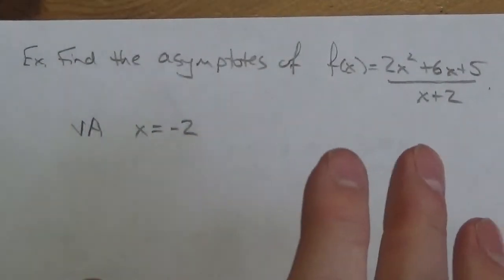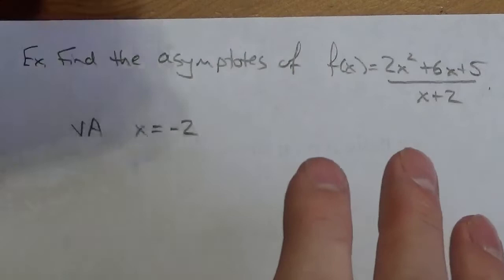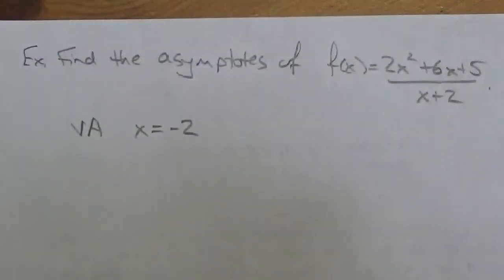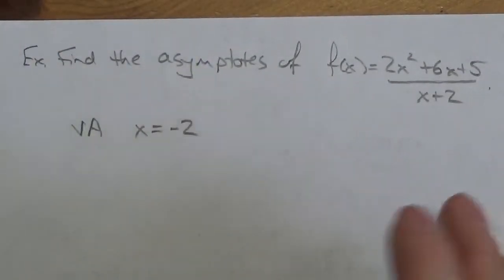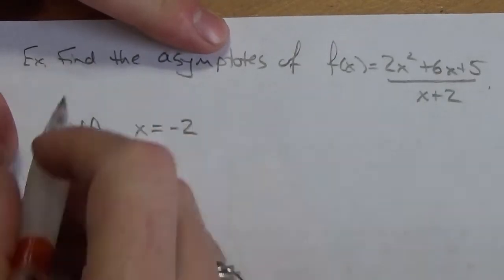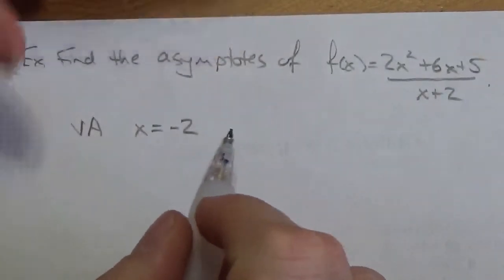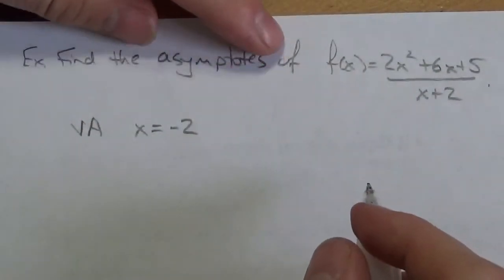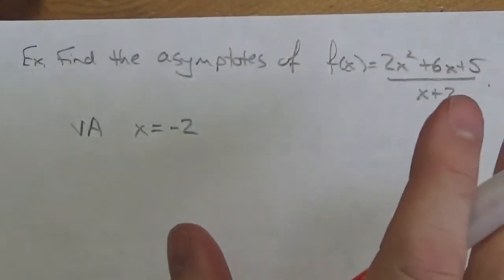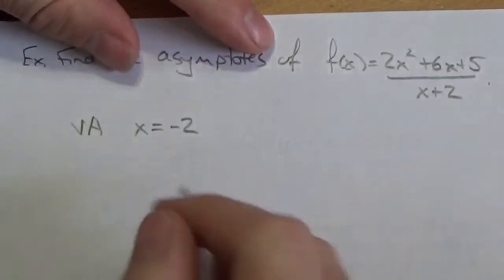But for right now, I really want to just focus our attention on the oblique asymptote here. So we'll come back to that if we have to, if we can't come up with a fairly rough sketch in just a few minutes here.